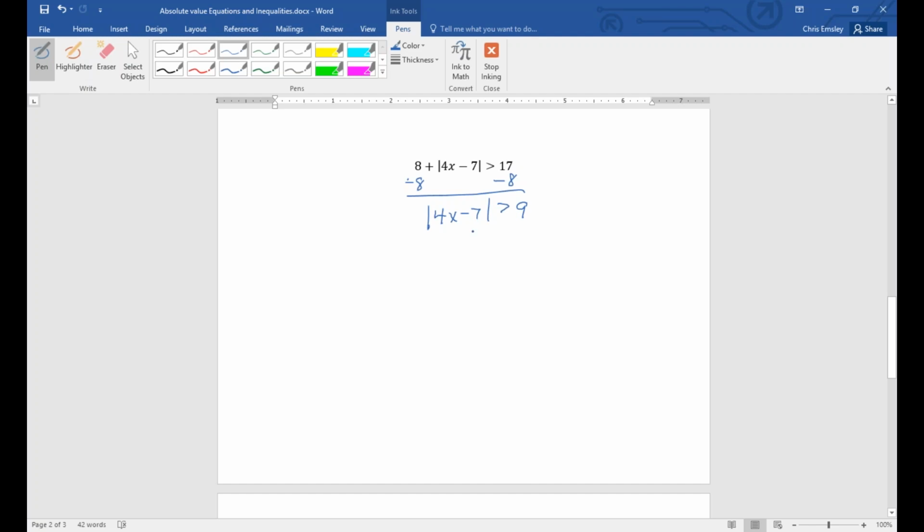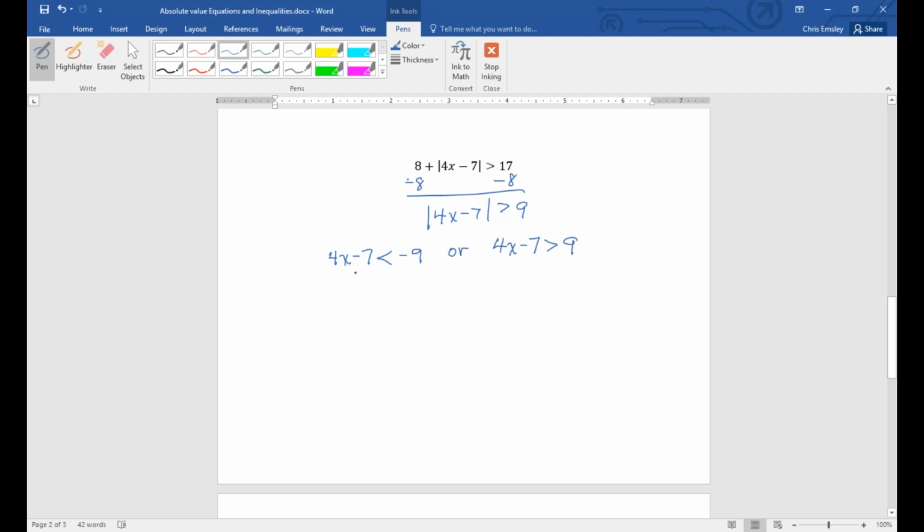Absolute value is now isolated, so now we're ready to rewrite. Any greater than or equal to gets rewritten the same way. Either what's in the absolute value has to be less than negative 9, that's the left-hand tail, or whatever's in the absolute value has to be greater than positive 9, that's the right-hand tail.